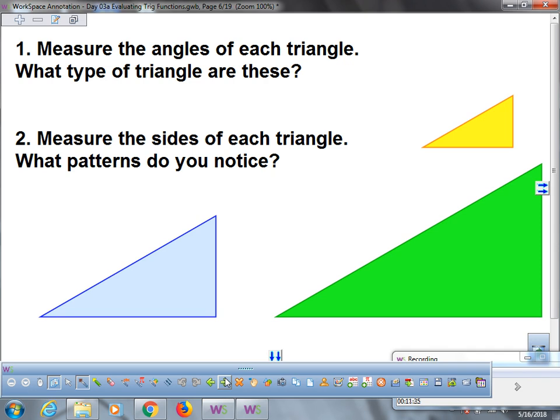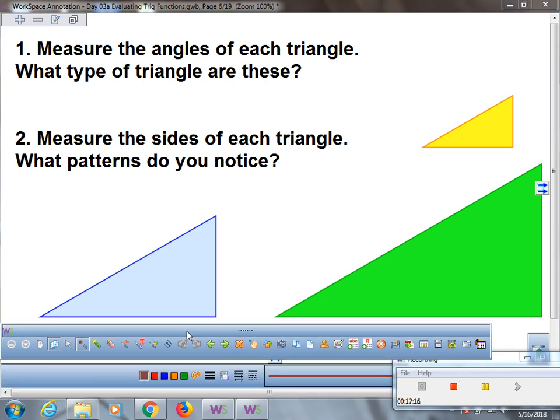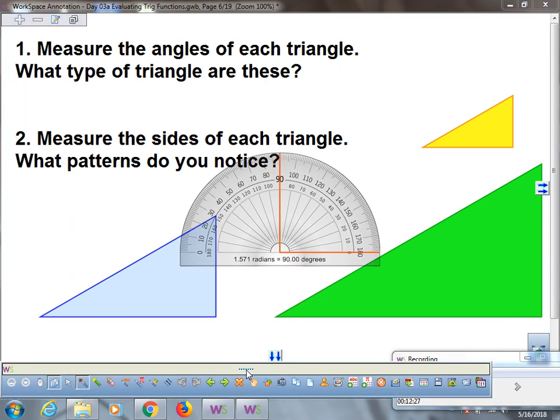All right, so what I'd like you to do is use your protractor. Protractor, 180 degrees. Do you guys remember how to measure with the protractor?